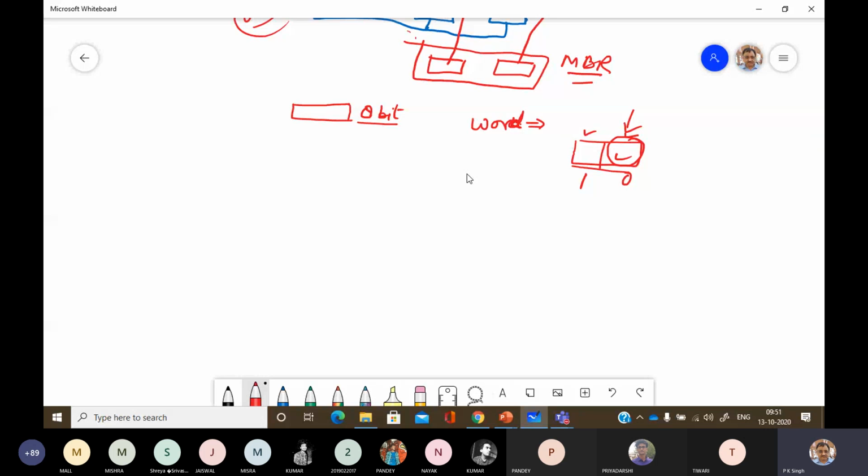In the 2D case, your address may start, suppose, at address A00.